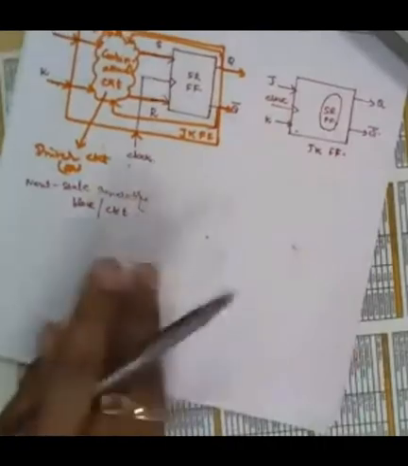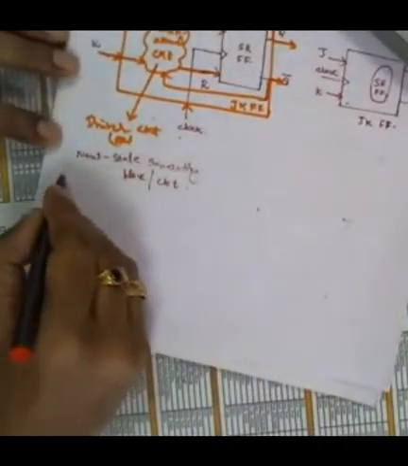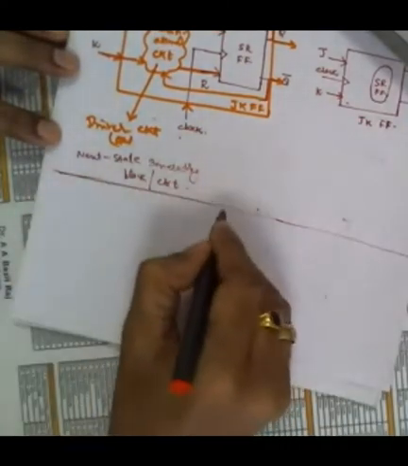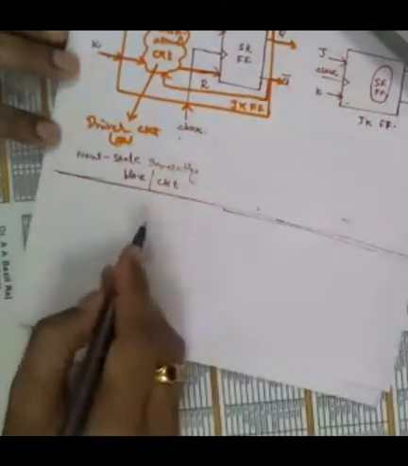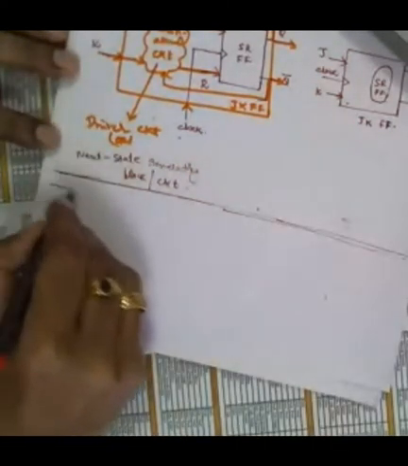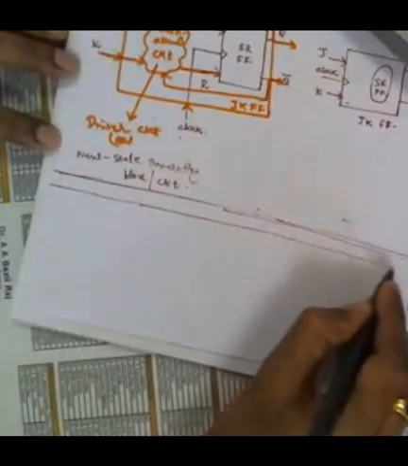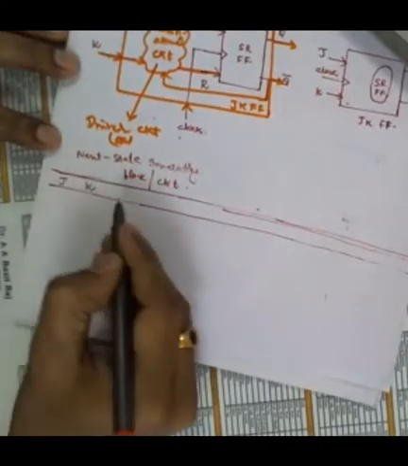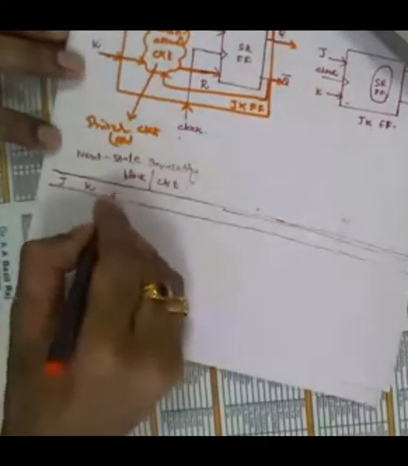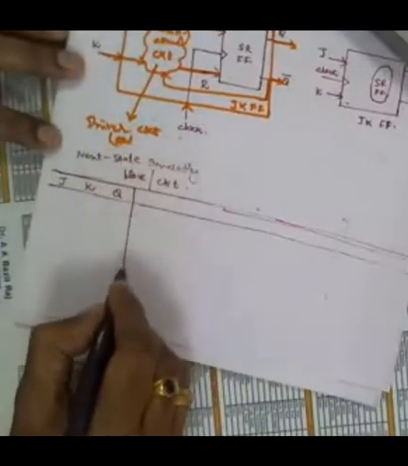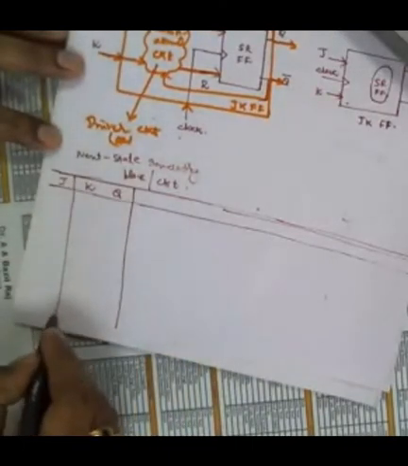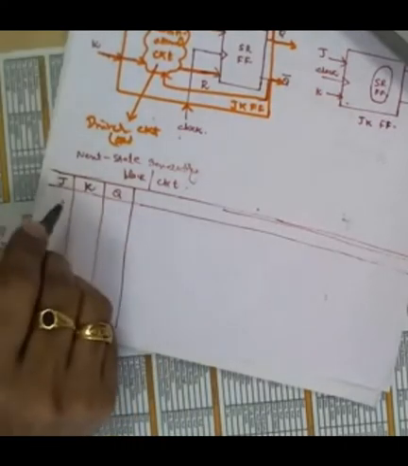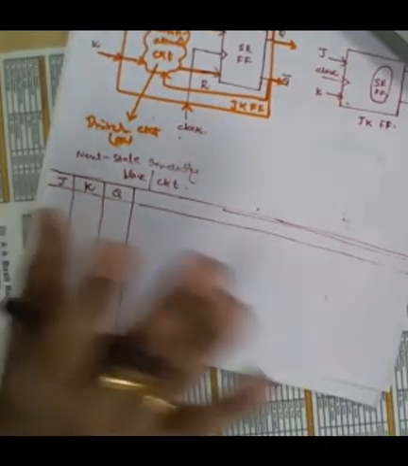Now, I'm making one table here. First is the J input, K input, and then the Q input. This is the actual external input, because I can feed only these inputs into the circuit.